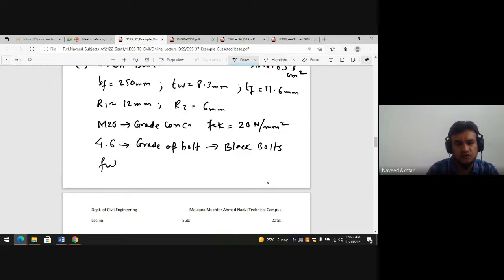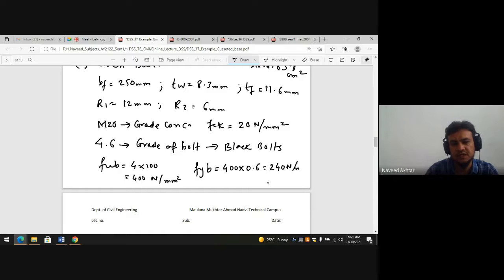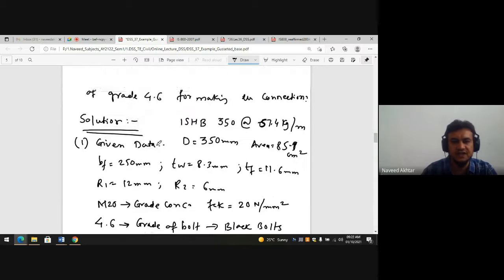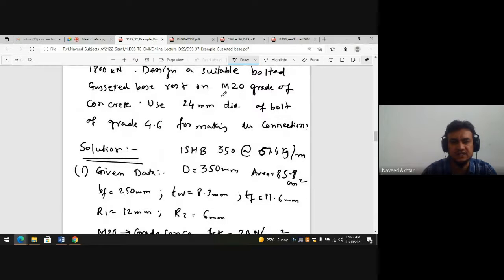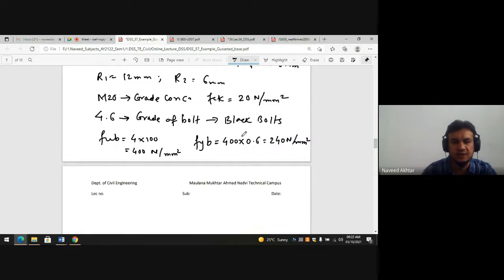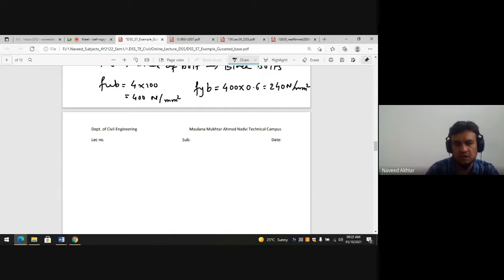If you write down fub, it is equal to 4 into 100, that is 400 Newton per mm square. fyb, yield stress of your steel, 400 into 0.6, it is 240 Newton per mm square for bolt. The grade of bolt is given. And also it is given diameter of bolt, small d, you can see here. Diameter of bolt is given 24 mm. So I will write down diameter of bolt.